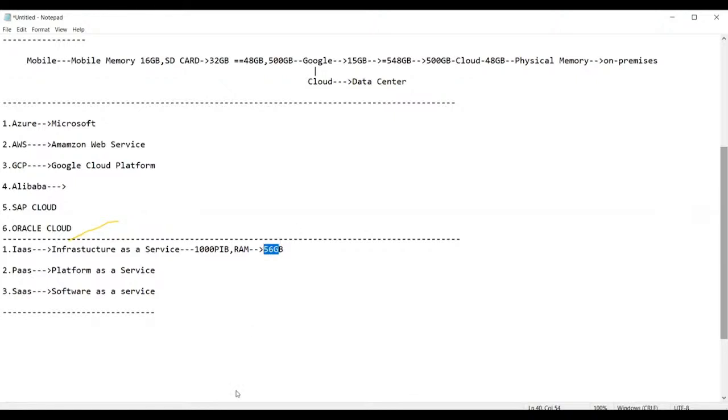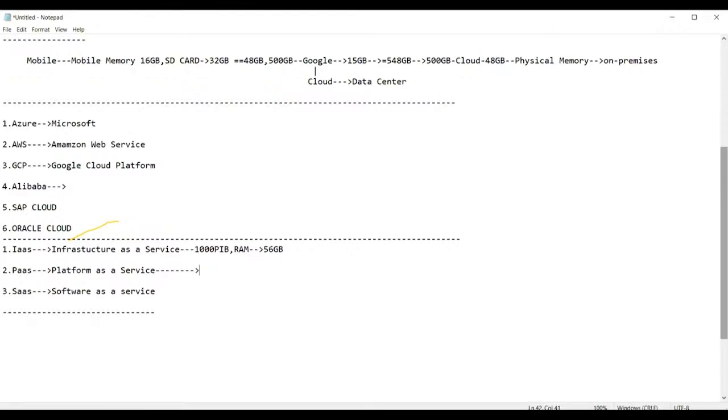Getting my point? Next, platform as a service. Suppose, guys, what is a platform? A platform is generally a type of operating system. We are using Android as an operating system, and Apple is using some other operating system.